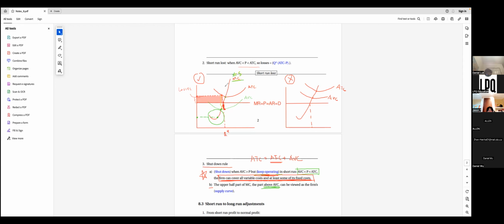What do I mean by upper half part? The part above ABC, the range higher than ABC based on the shutdown rule. So number B, case 3, is about how the multiple choice questions test you on the shutdown rule.